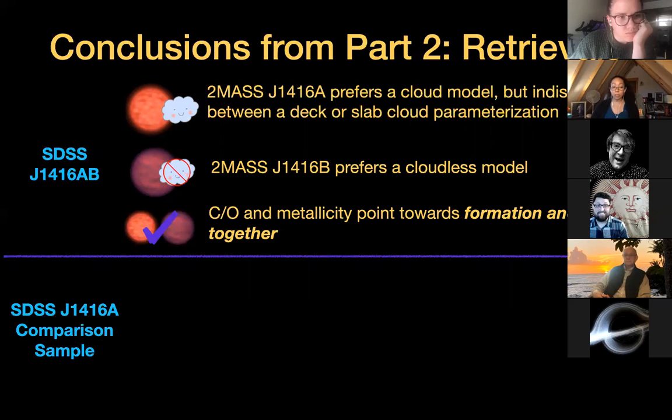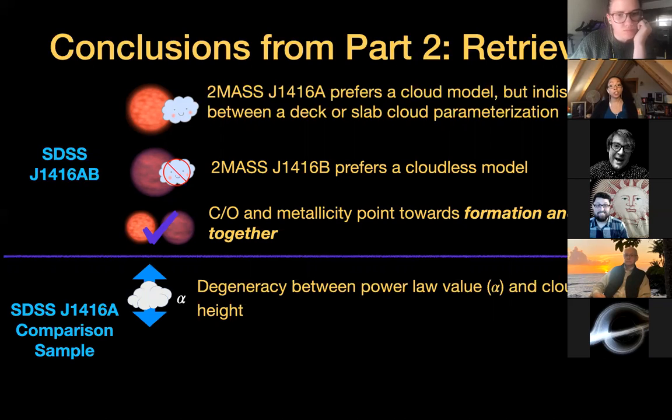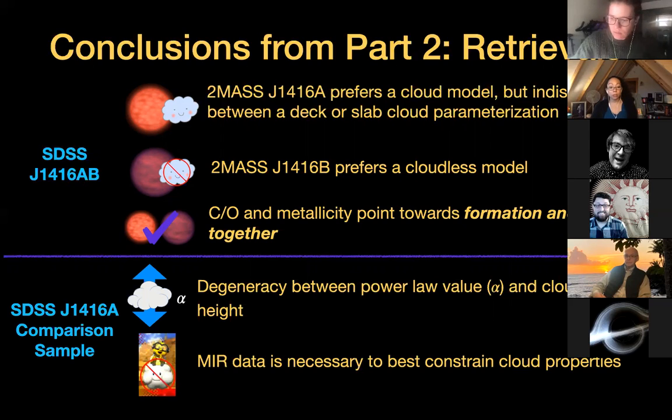For the comparison sample to 1416A, we see that there's a degeneracy between this power law value and the cloud decay height, allowing a power law cloud to behave like a gray cloud if you have this positive alpha. And we're also finding that we really need mid-infrared data to best constrain cloud properties, particularly for strange variable objects.